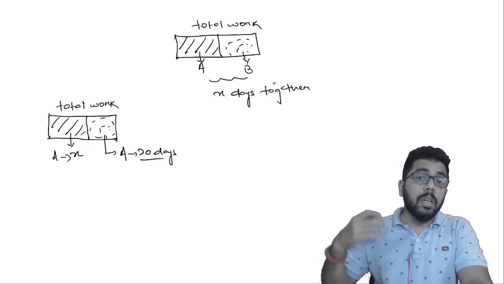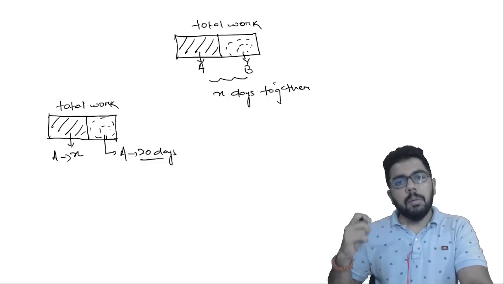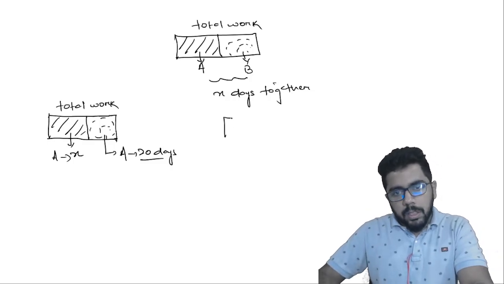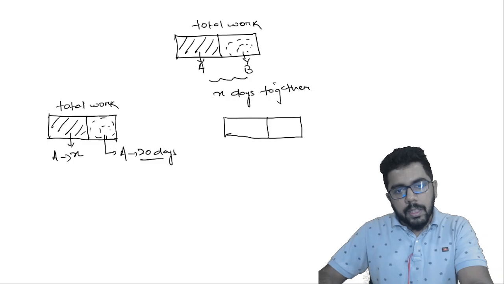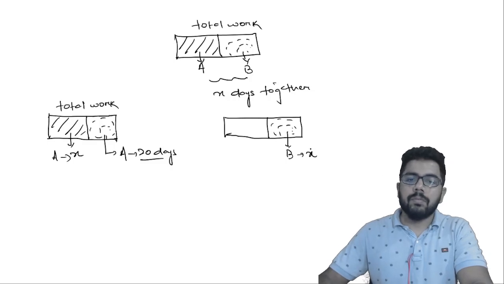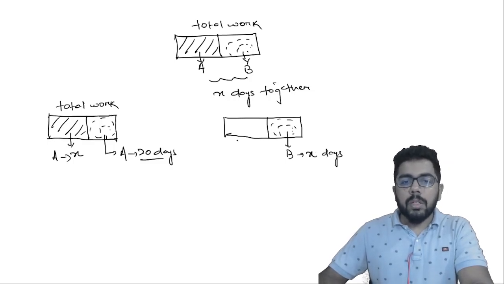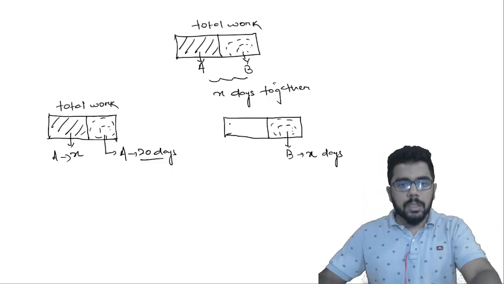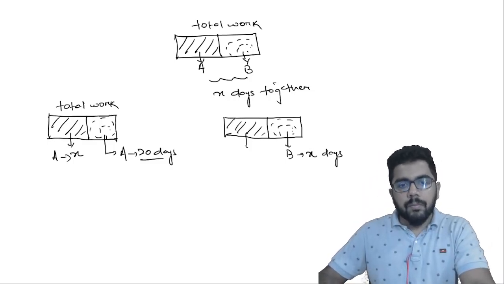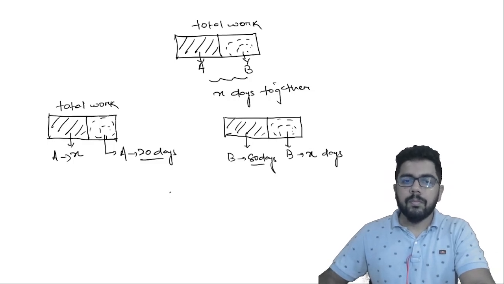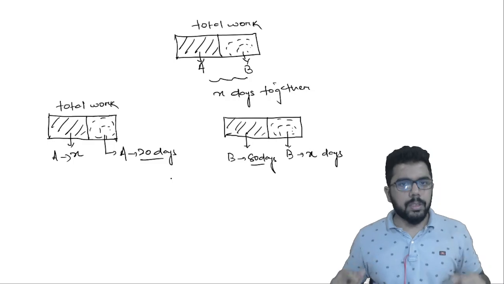Similarly, in a second scenario where Amit is not there, Vijay in X days would do this amount of work, but the work is still not complete because Amit is not there. So the work which was done by Amit in X days, Vijay will take 80 extra days to complete.